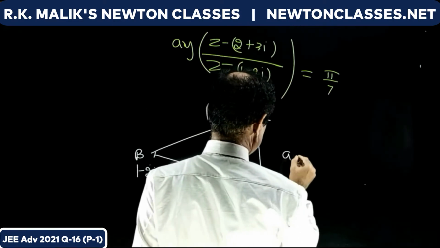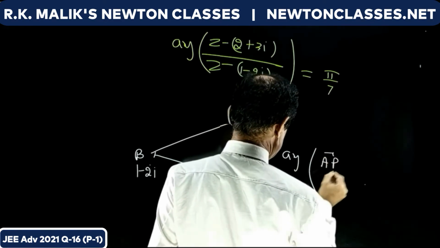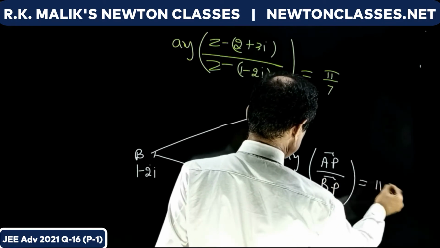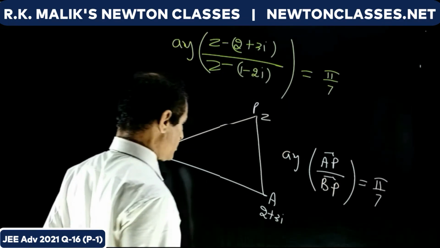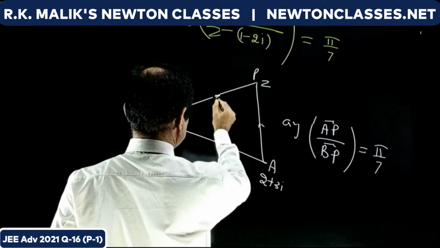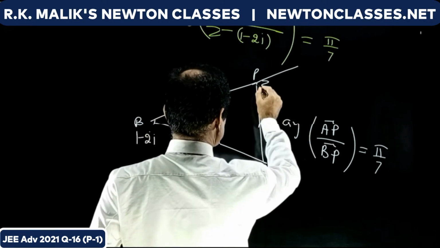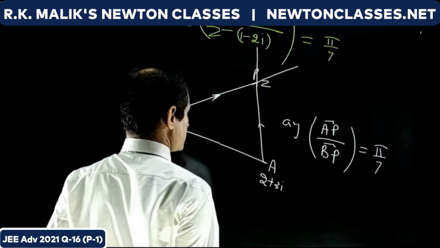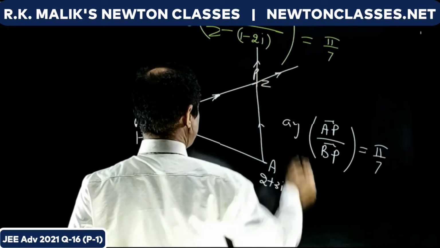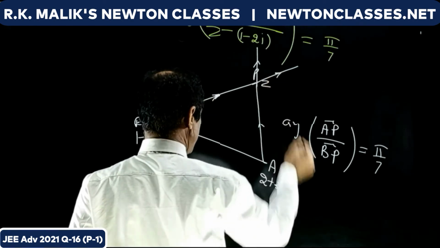This equation can now be written as argument of AP vector upon BP vector is equal to pi by 7. Clearly this is the AP vector, this is the BP vector. According to the given equation, the angle between BP and AP is fixed, and this angle is pi by 7.